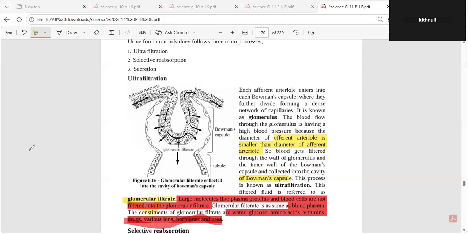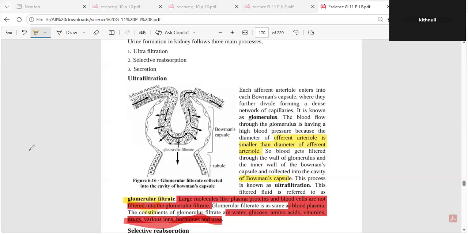What are they? I am asking what are the essential molecules for our body which are there in the glomerular filtrate.